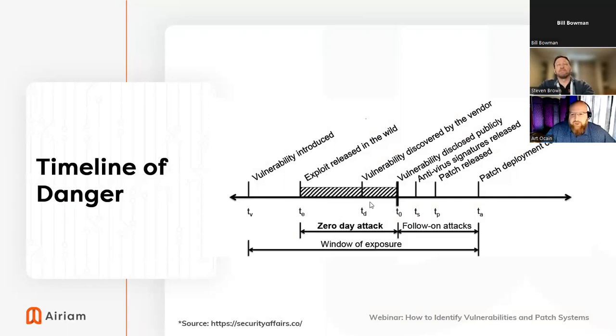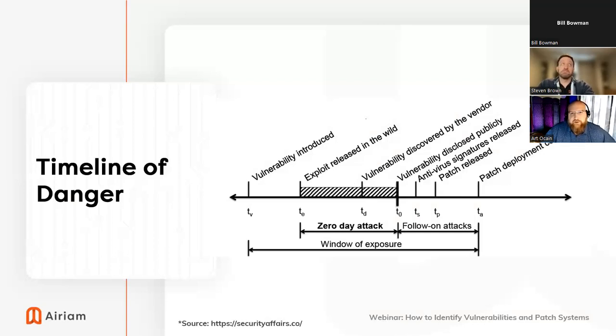So when that's discovered by the vendor, there may be a huge lag time. If it was discovered by a hacker, they may never tell the vendor about the vulnerability. They may never tell the vendor about the exploit. But a researcher usually will. A researcher that discovers a vulnerability will usually contact the vendor and say, hey, I've exploited your vulnerability this way.